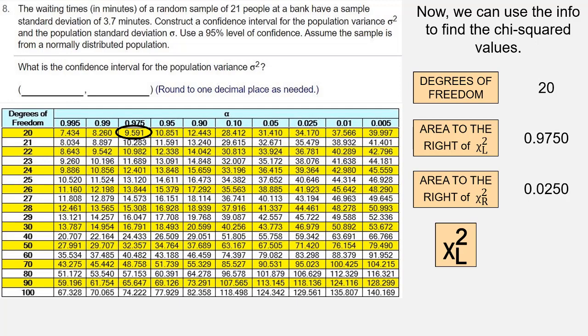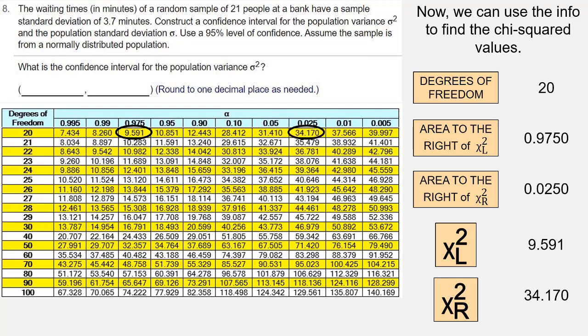That gives us a value of 9.591. For the chi-square R, we do something similar, but we look for the 0.025 across the top because the area to the right of chi-square R was 0.0250. That gives us a chi-square R value of 34.170.